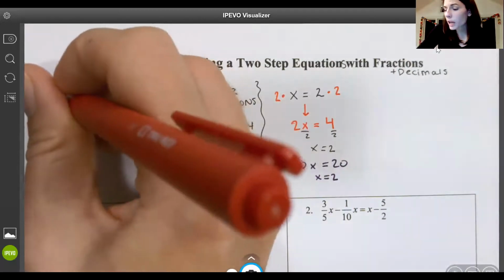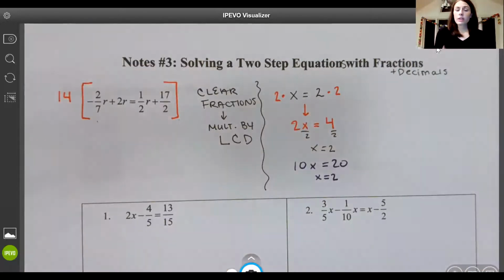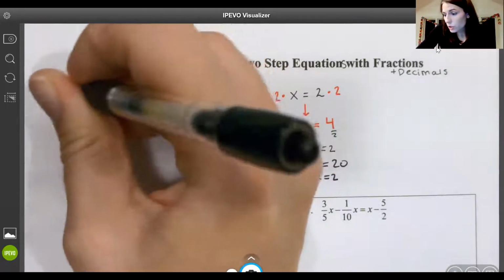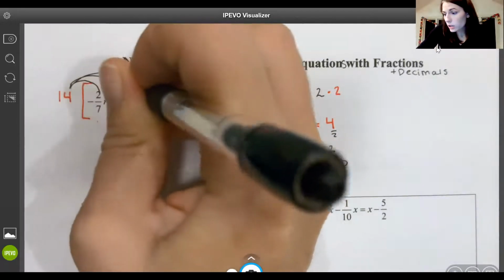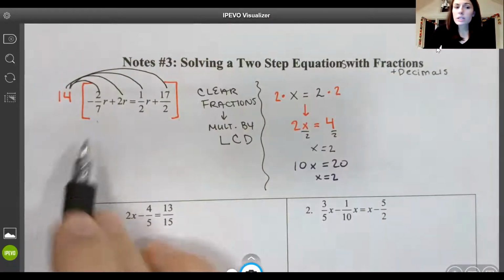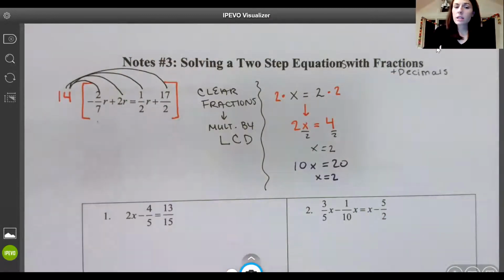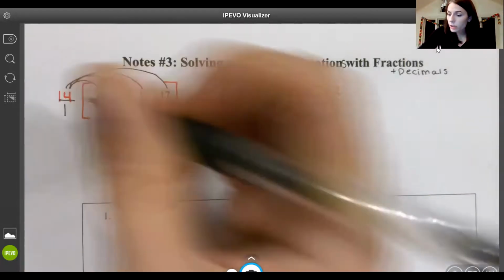So I'm going to multiply every single thing in this equation by 14, whether it's a fraction or not a fraction, okay? I'm basically distributing 14 through to every single term in this equation. And it's 14 over 1.